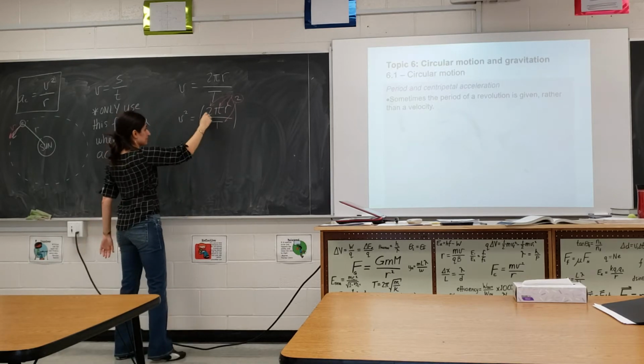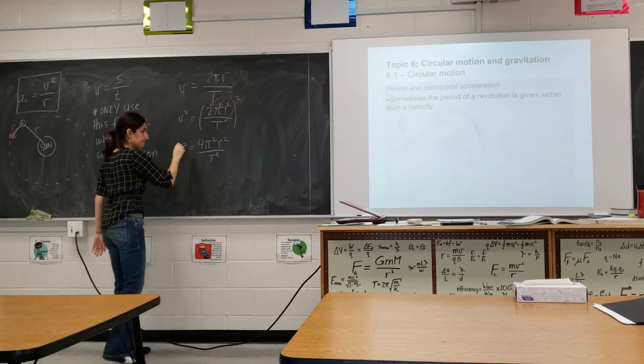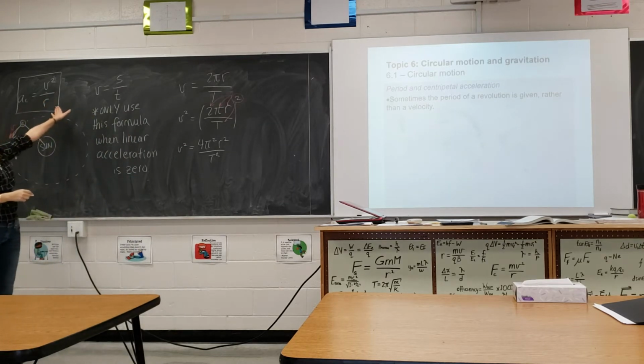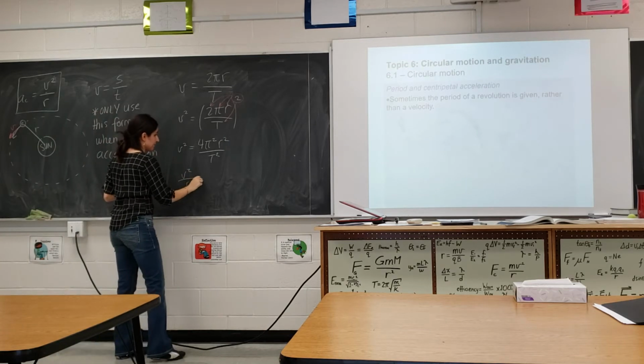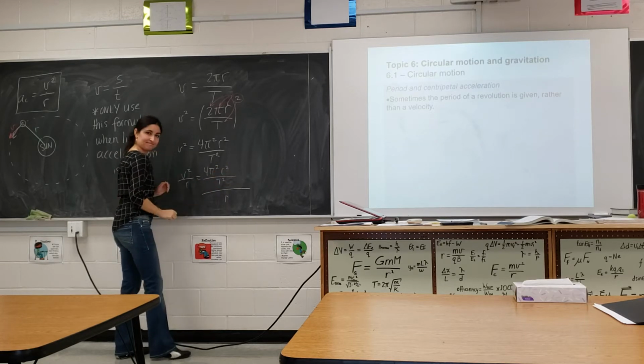So v squared becomes 4 pi squared r squared over T squared. We're almost there. Centripetal acceleration is v squared divided by r. So if I take this and divide by r, it's going to be 4 pi squared r squared over T squared, all over r.